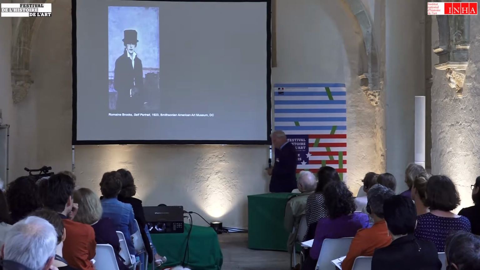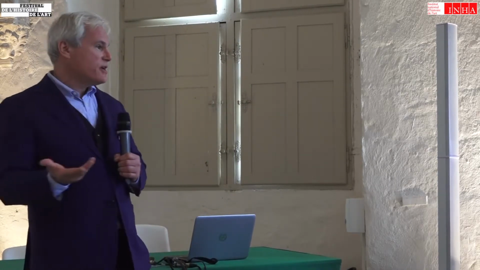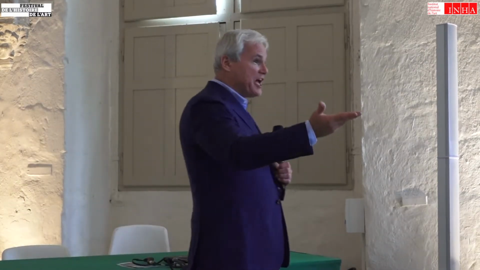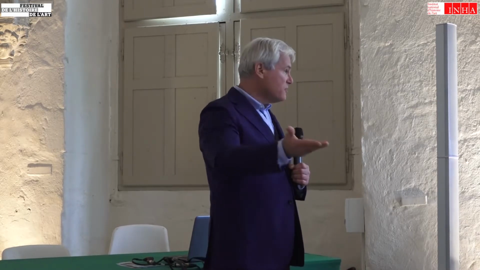Romaine Brooks had nothing to fear as a figure. She inherits the largest fortune an American woman had ever inherited up to that point, and becomes entirely self-sustaining. She has no need for galleries or commissions or sales, and so she's free to paint exactly as she wants.